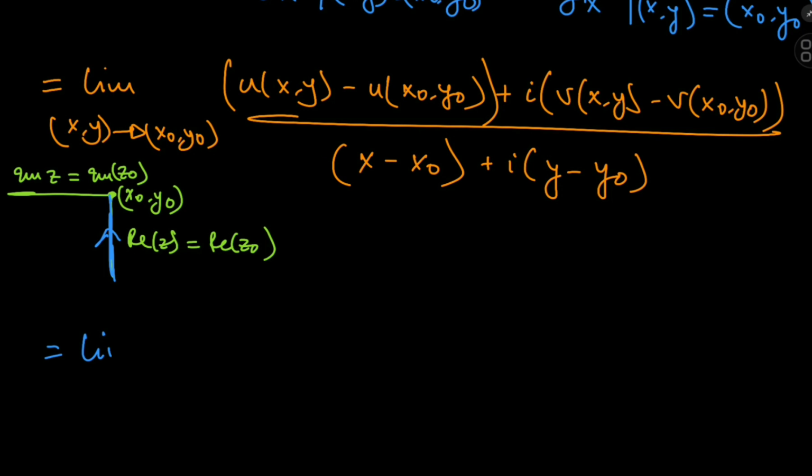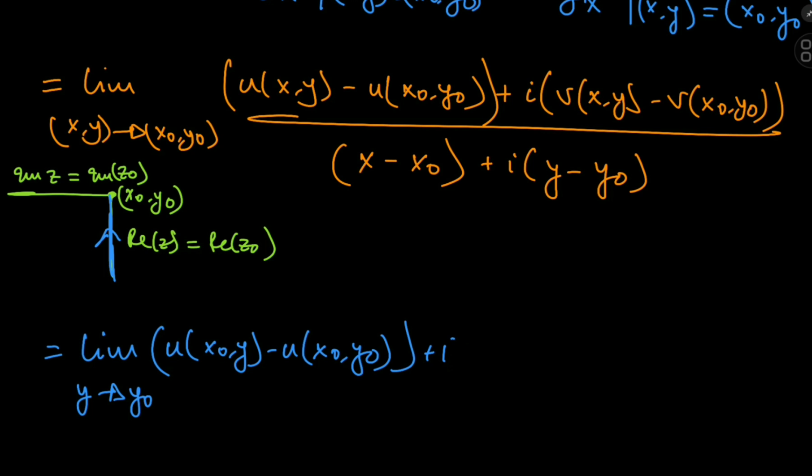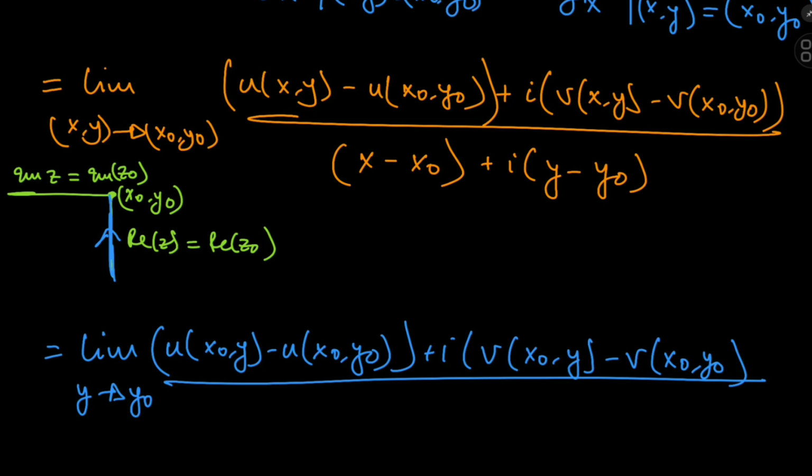Well, we're evaluating the limit as y approaches y naught of u of x naught y minus u of x naught y naught plus i times v of x naught y minus v of x naught y naught. Again invoking that linearity, we have in the denominator, because x and x naught are equal, i times y minus y naught.